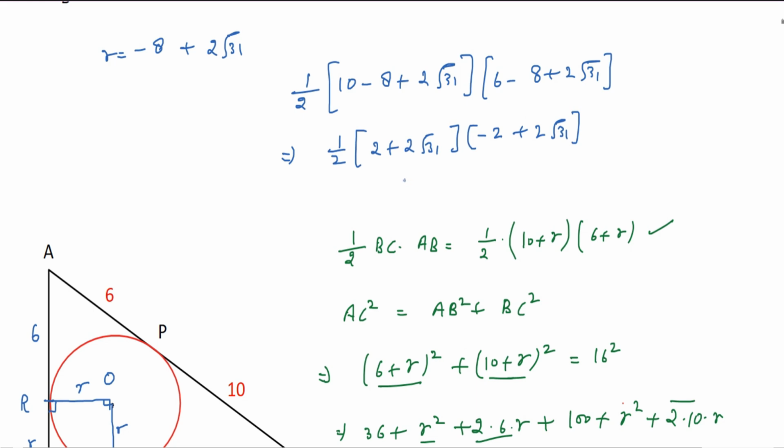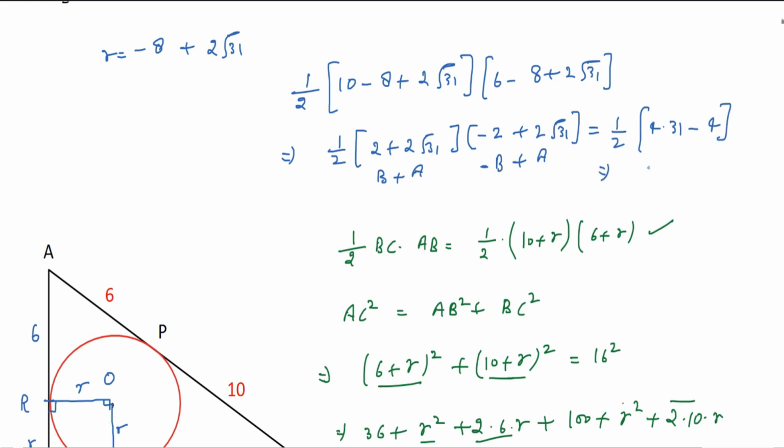So here if we use the identity (a positive b) and (a negative b), it will be given as 1 by 2 and it is a square negative b square. So from here we will have 1 by 2 times a square, that will be 4 times 31, negative b square, that will be 4.